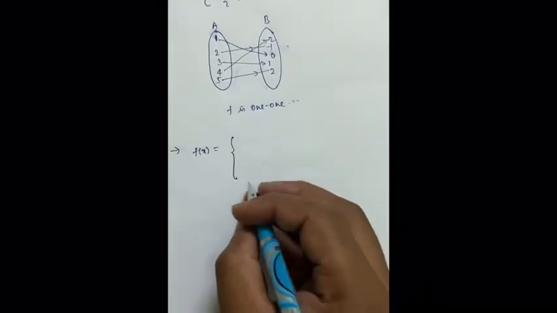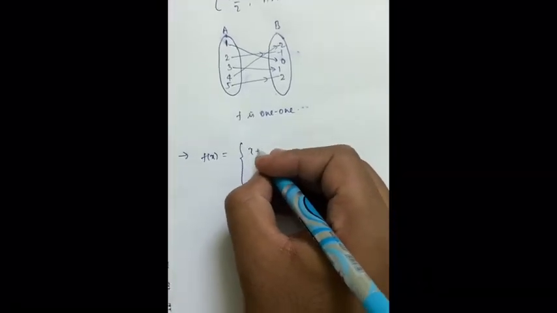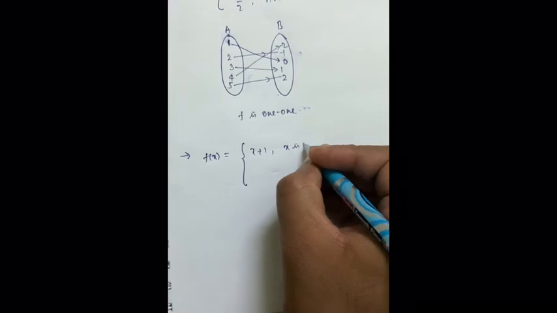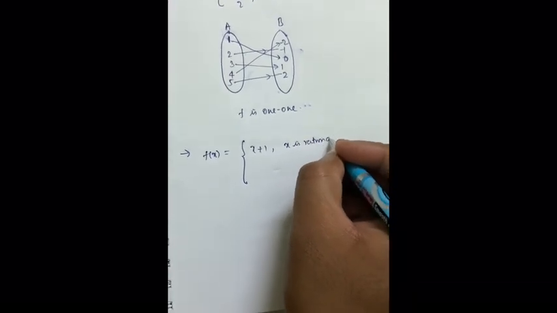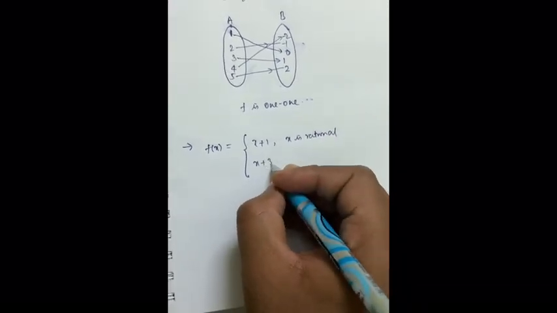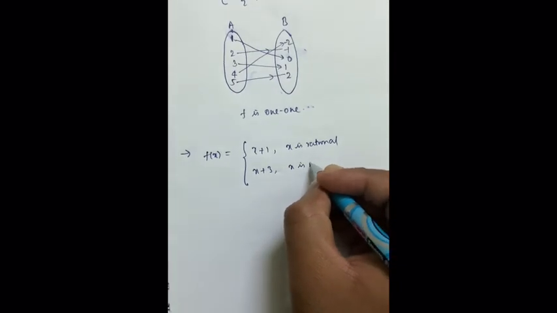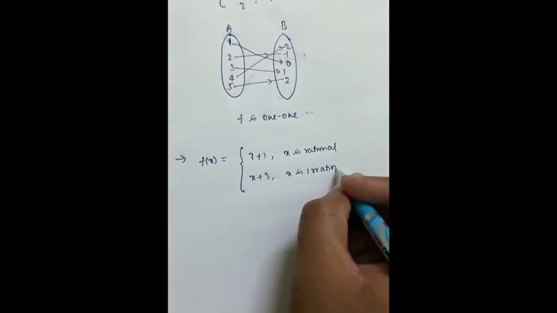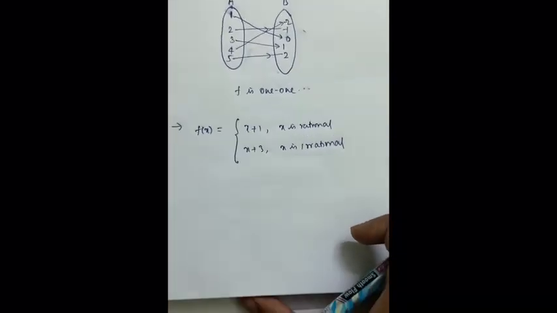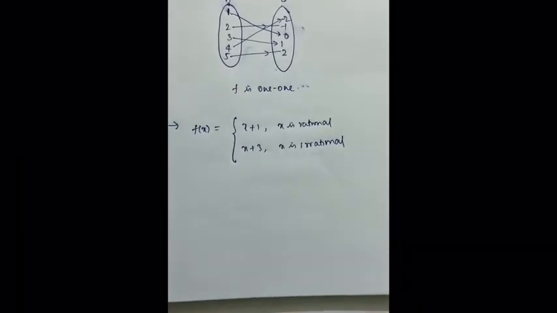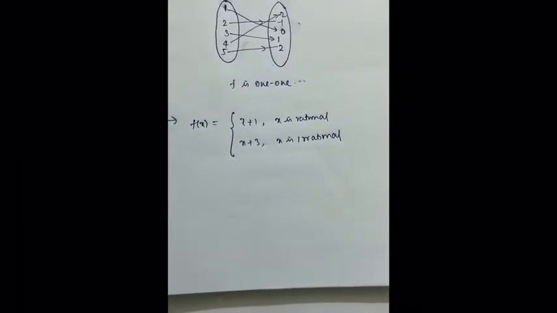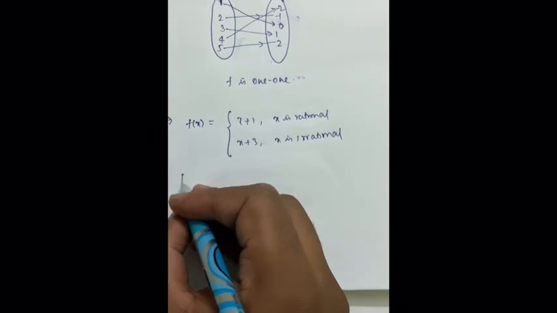Let us take f of x equals x plus 1 if x is rational, x plus 3 if x is irrational. Is f of x one-one or not? First we will understand the function. What will be f of 1 here?